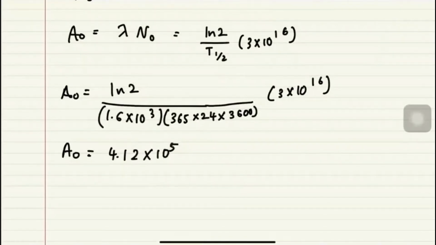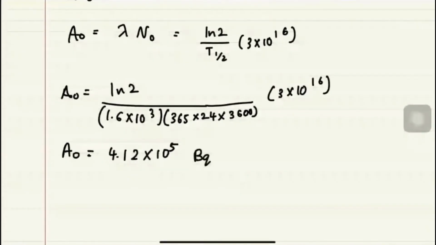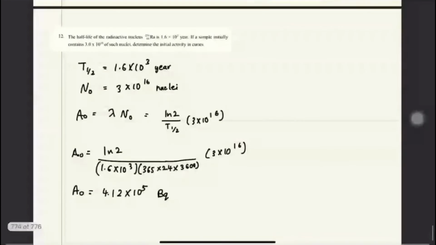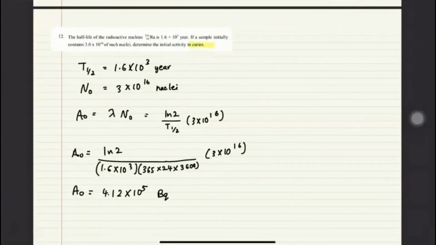Dapat. Okay, success. Dapat sama. This one in becquerel, per seconds lah. Okay, but you want to convert to Curies. And you know that 1 Curies is equals to 3.7 times 10 to the power of 10 becquerel. Betul tak?